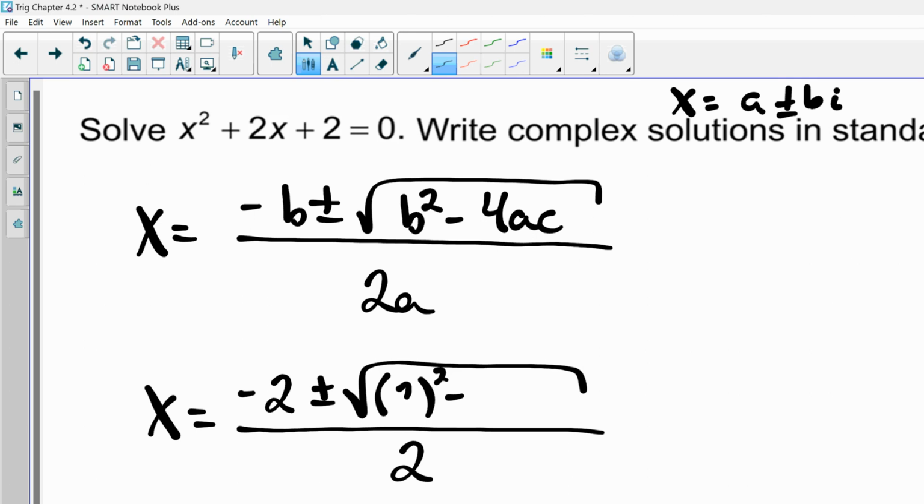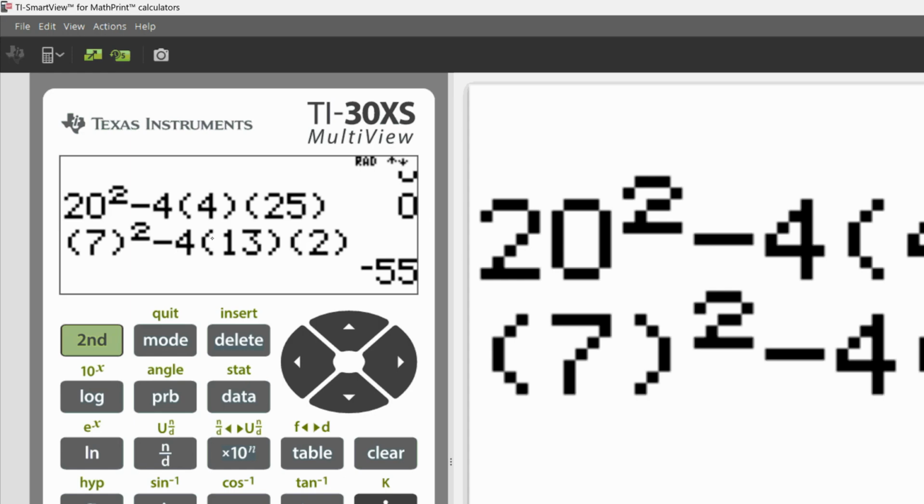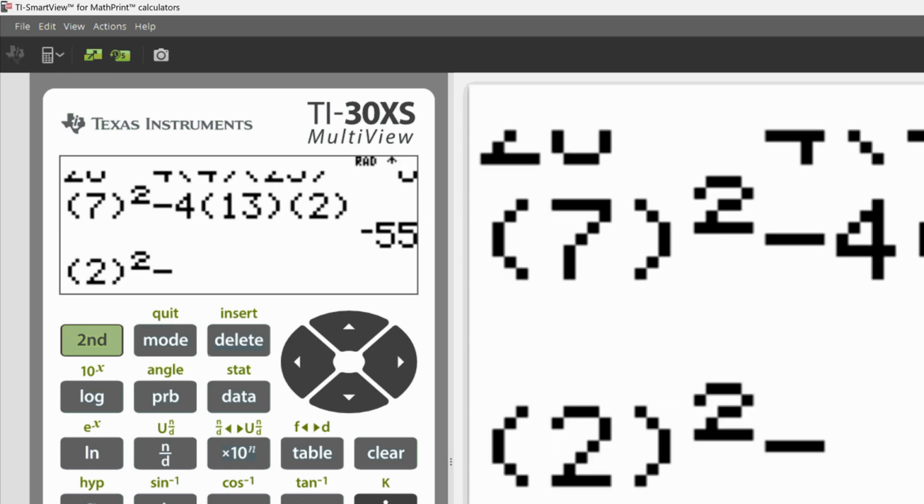B squared, so we'd have 2 squared minus 4 times a times c. Next thing I would do is find out what inside the radical is going to be. So our 2 squared minus 4 times 1 times 2 is negative 4.